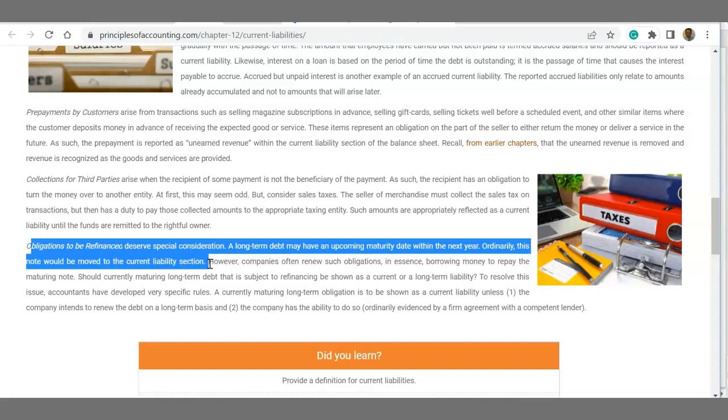Even though originally it was a long-term liability, now whatever is left is going to be paid and finalized within the next year, so it has to go to current liability. So it will move completely out of long-term liability and go to the current liability section of your balance sheet.